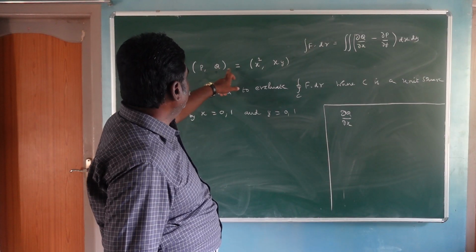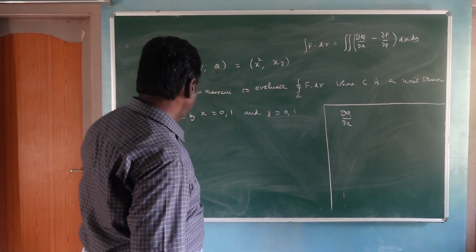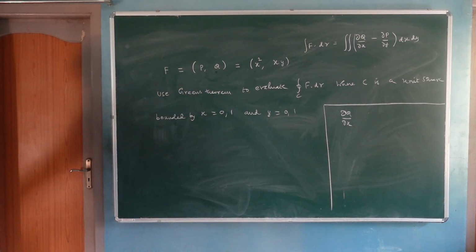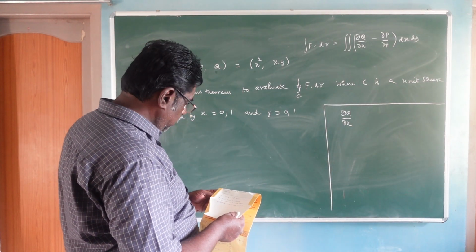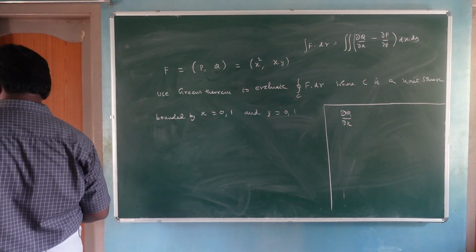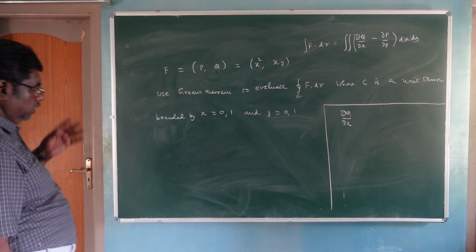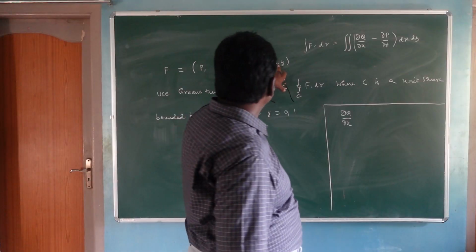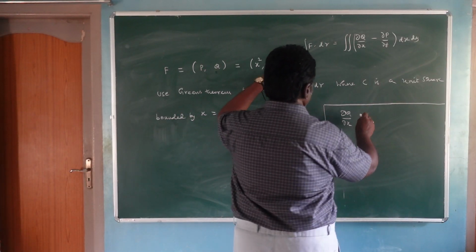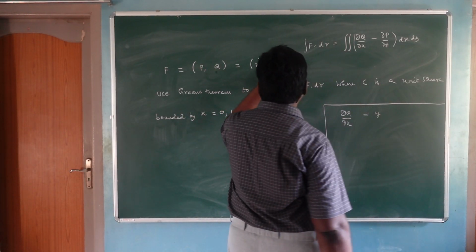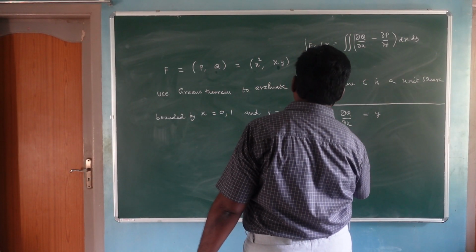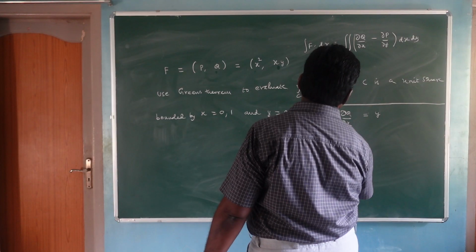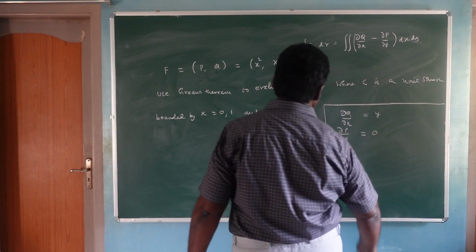See here, (P, Q) equal to (x square, xy). So again we will check the problem. X square, xy. Yes, it is correct. Now find out dou Q by dou x, that is y. Then dou P by dou y is equal to 0.